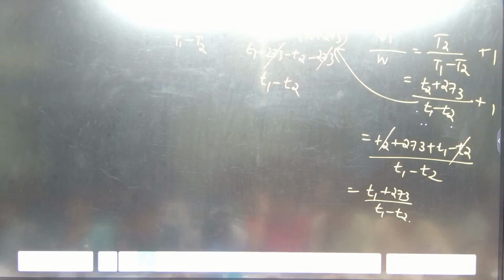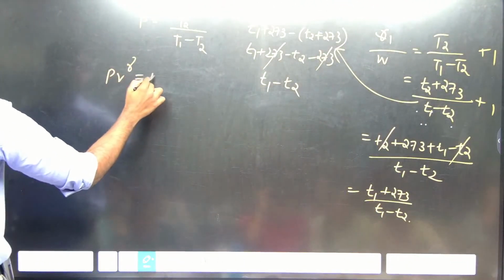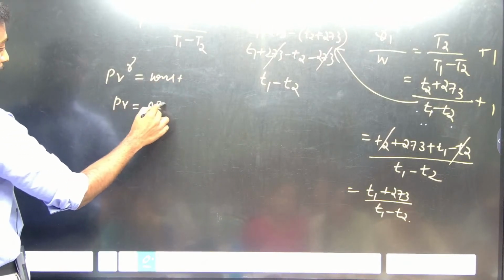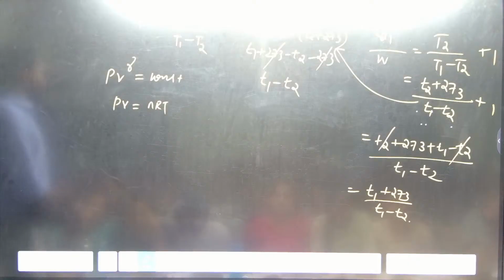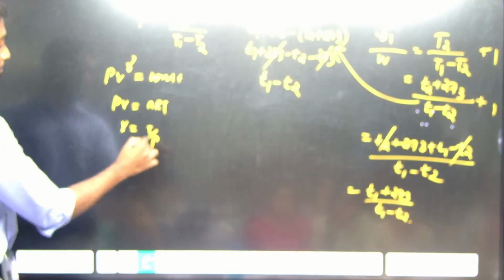PV power gamma is equal to constant, but there they have given it in terms of V, and I need to convert it in terms of T. So PV power gamma is equal to constant and PV is equal to nRT. So here V will be equal to T by P. Can I take this here?